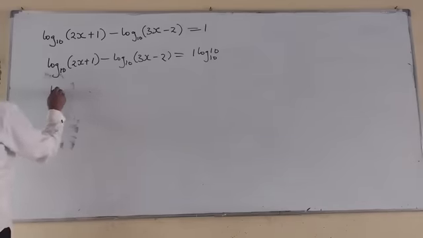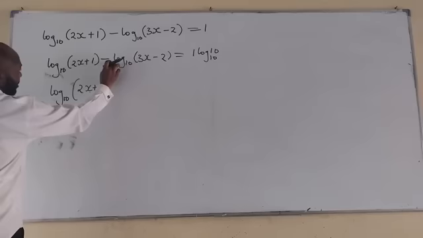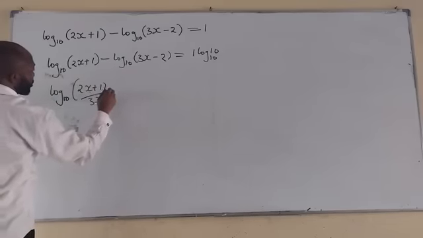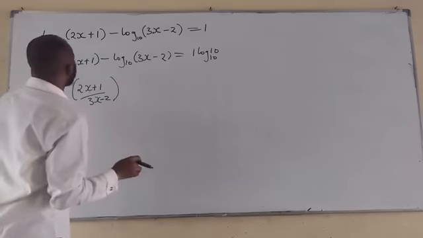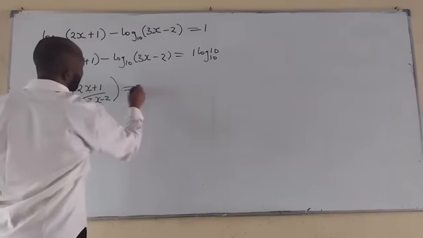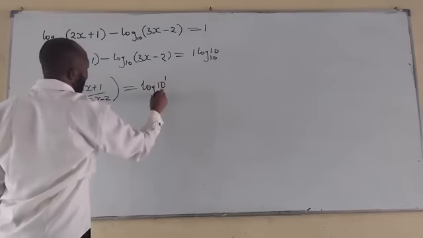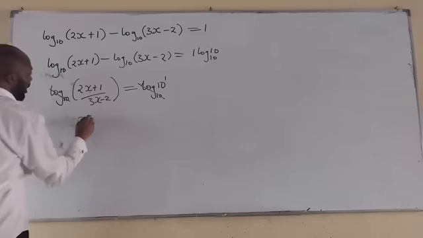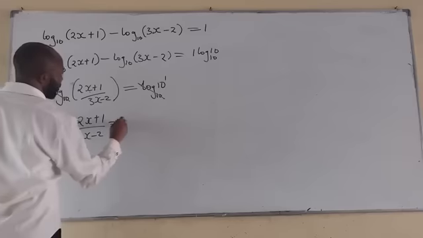There is a subtraction sign, which means I divide: log in base 10 of 2x plus 1 over 3x minus 2 is equal to log 10 raised to the power 1 in base 10, which is the same thing. I cancel the logs. I now have 2x plus 1 over 3x minus 2 is equal to 10.